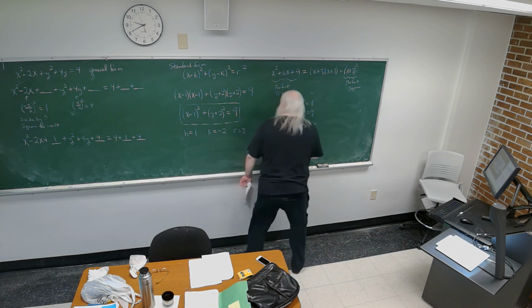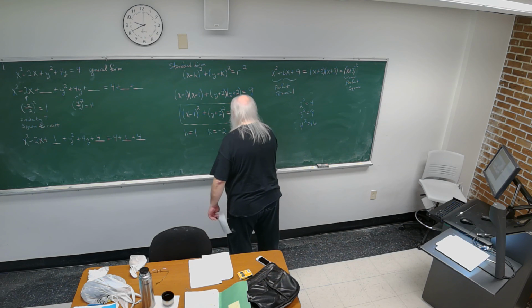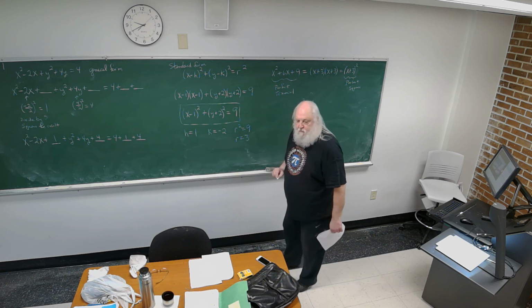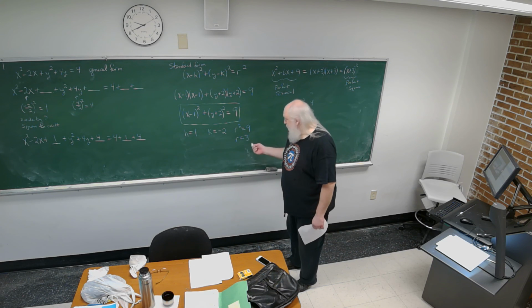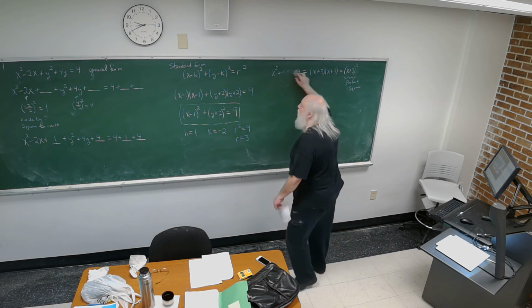You take r squared equal to 9, and when you take the square root of it, the radius can never be negative, so you get the positive square root.